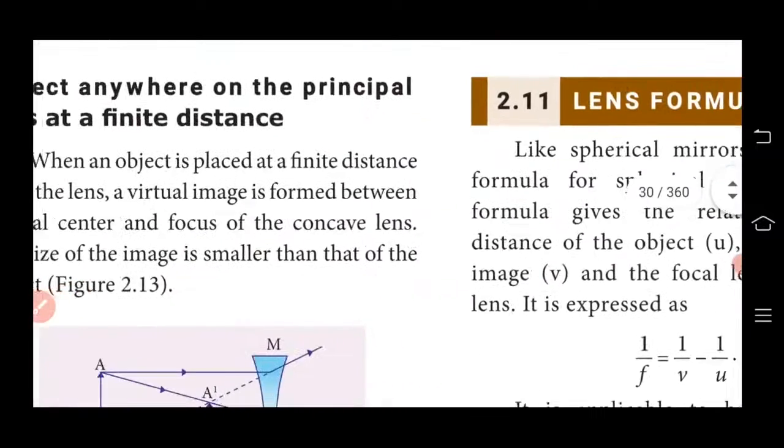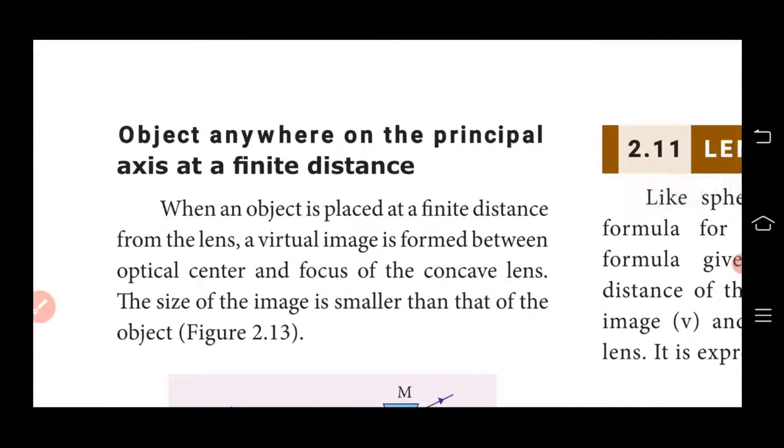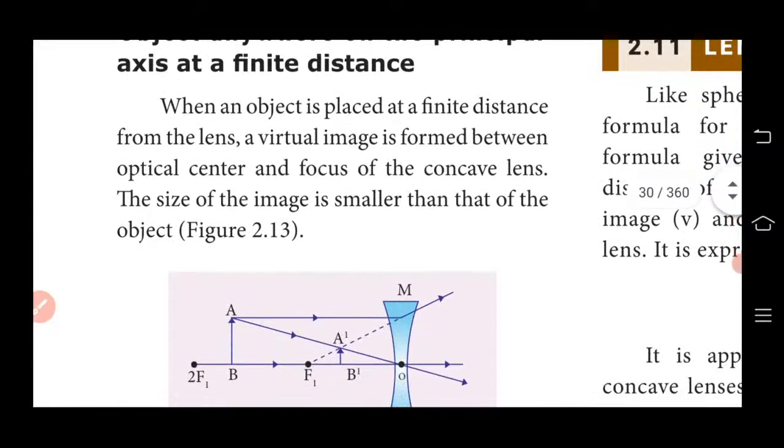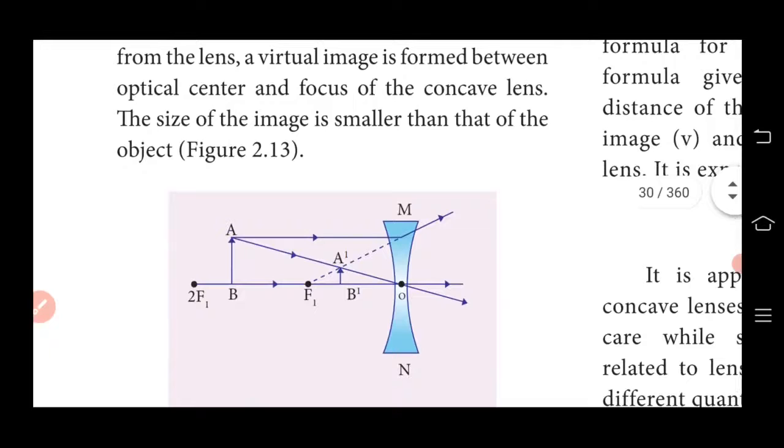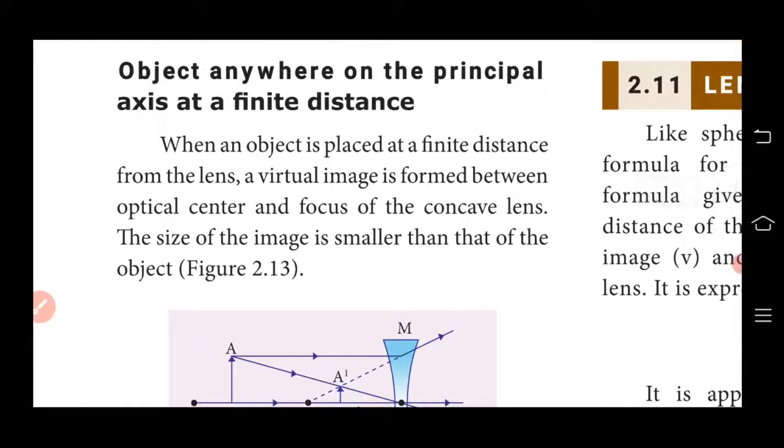And then when the object is placed anywhere on the principal axis at a finite distance, the virtual image is formed between the optical center and the focus of a concave lens, and the size of the image is much smaller than that of the object. A virtual image is nothing but the image which we cannot catch on the screen, and it is always erect, meaning a direct image.